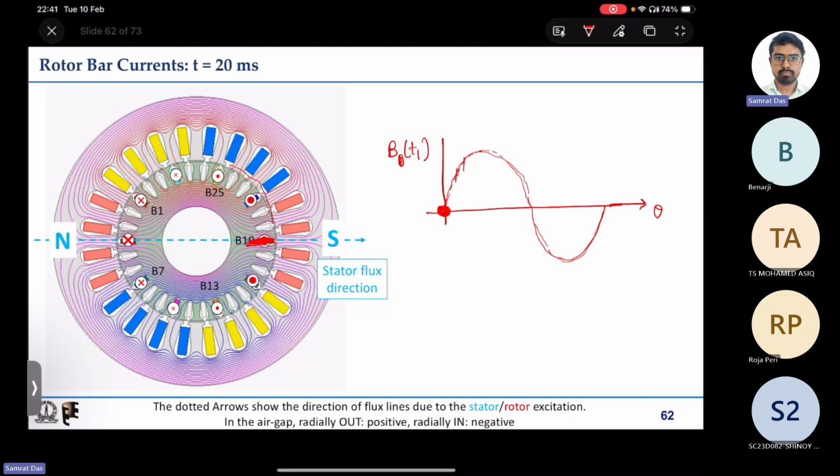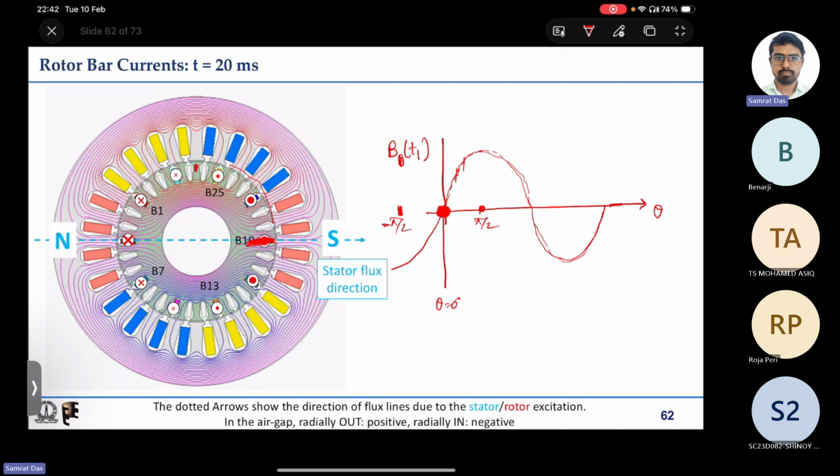So for a conductor, how to get that? For a conductor you have to integrate from minus pi by 2 to pi by 2. Suppose you have a conductor at theta equal to 0.